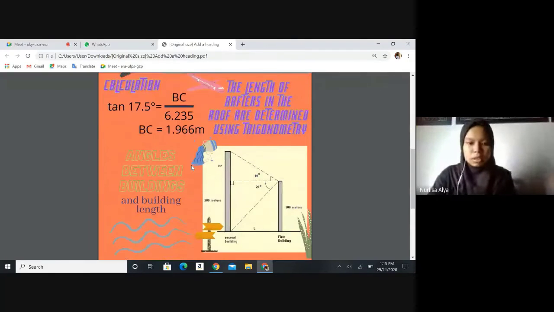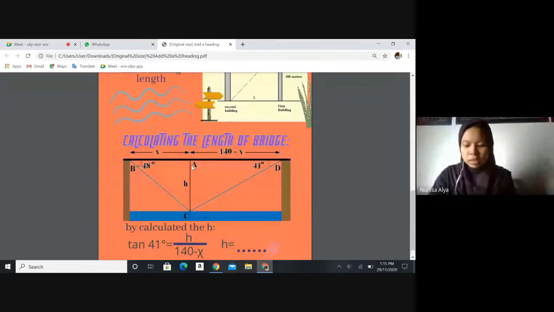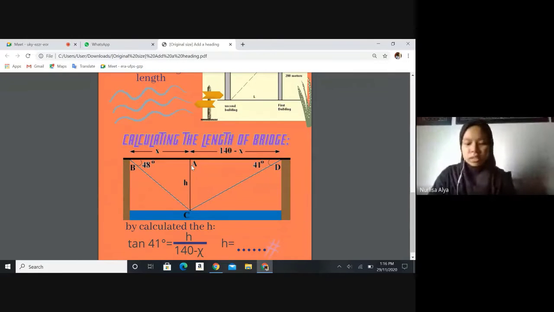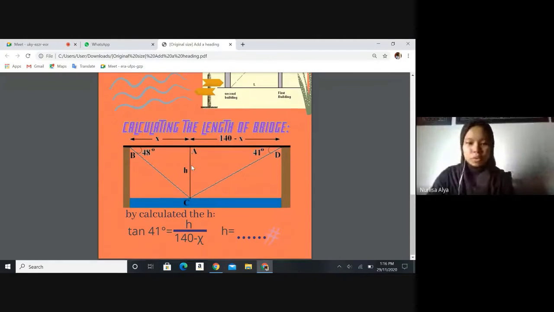Next, to calculate the length of the bridge, it is also determined by the depth of the sea to the surface of the bridge by using trigonometry. This one is given in part A and B. We take part B. We need to find the H value, where H is the opposite, the angle given is 41 degrees, and the adjacent is 140 minus x.